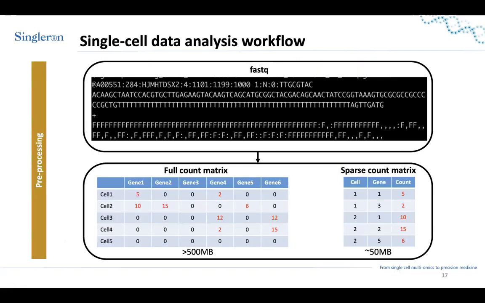So for the pre-processing part, as I said, the input is a fastq file, and the output is a count matrix. If you just focus on the fastq file here, it looks like this basically. It has a header starting with an at sign, with some information about the flow cell and so on. Then the second line is the sequence.